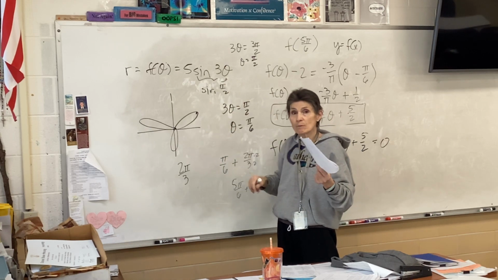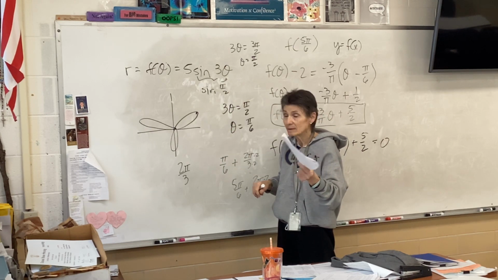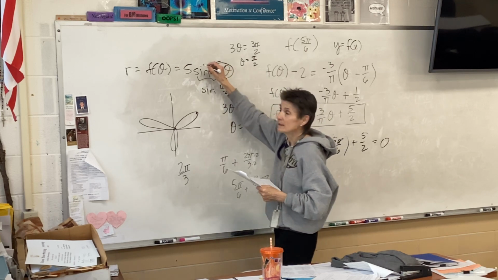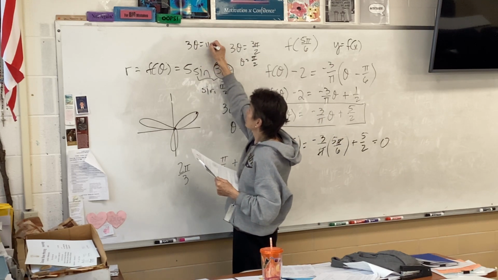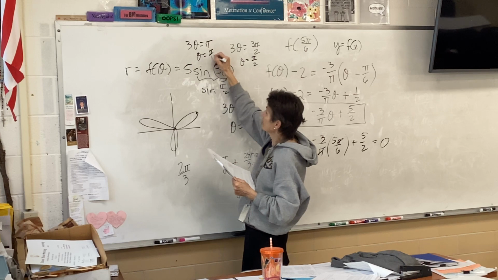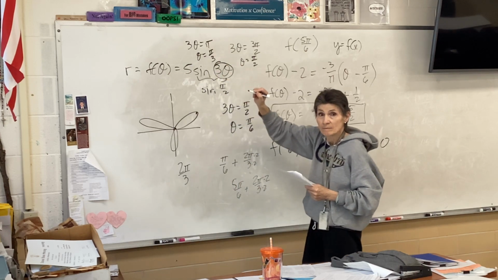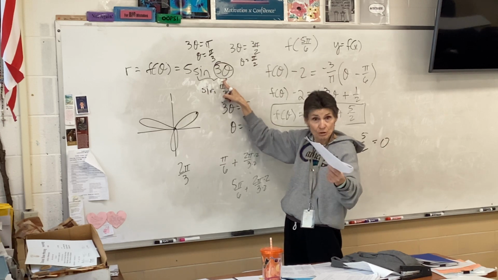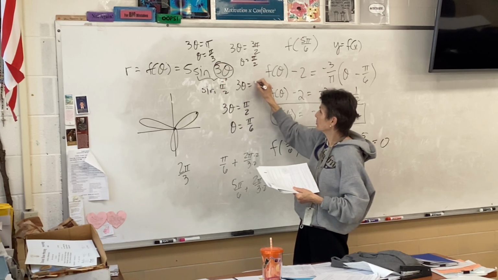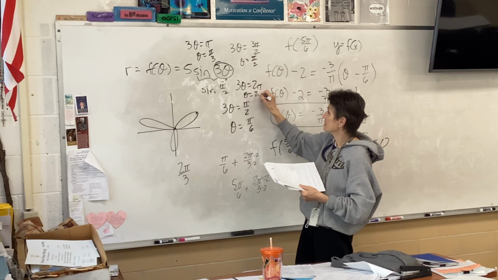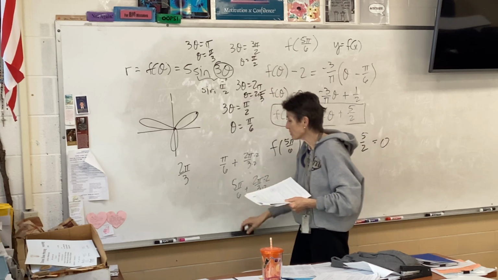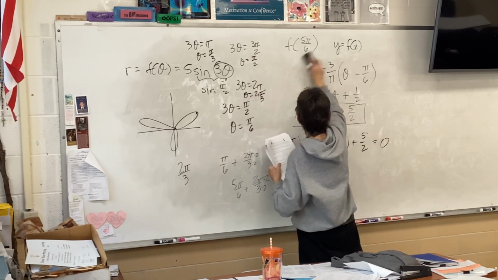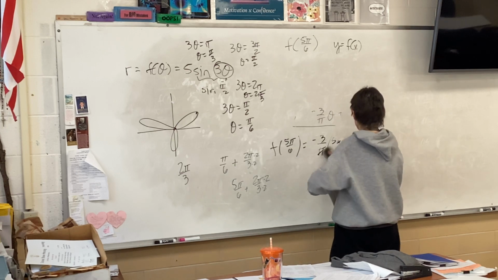The sine is 0 at pi. So 3 theta equals pi, and theta equals pi over 3. Where else is the sine 0? At 2 pi. So 3 theta equals 2 pi, so theta is 2 pi over 3. Those are the places where the sine is 0.